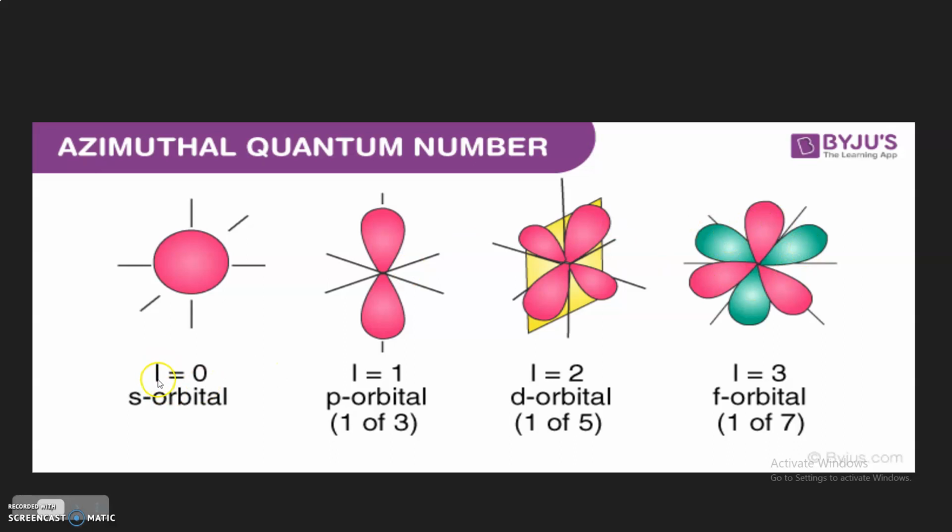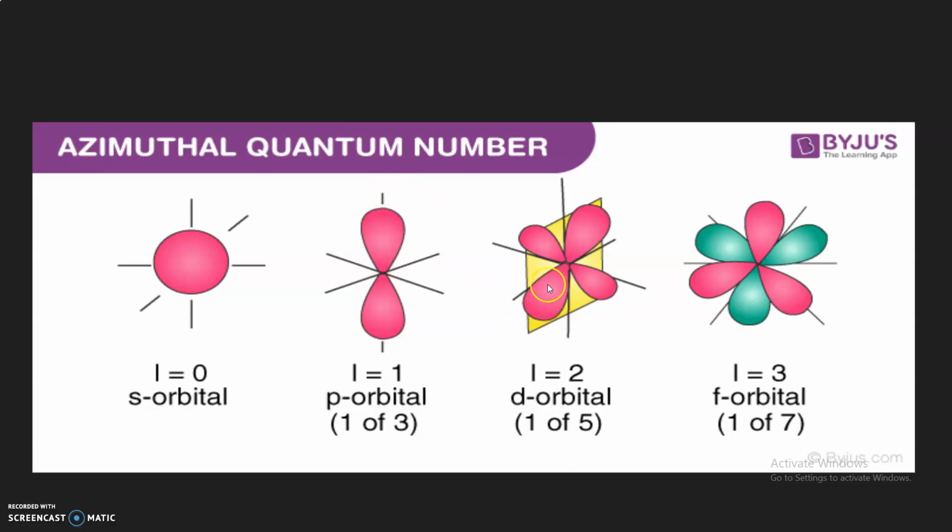Now if you subtract 1 from the energy level, the value of L will come to 0 and the orbital shape will be spherical. If L comes to 1, the shape of the orbital is p, and you can see here, this is the dumbbell shape.